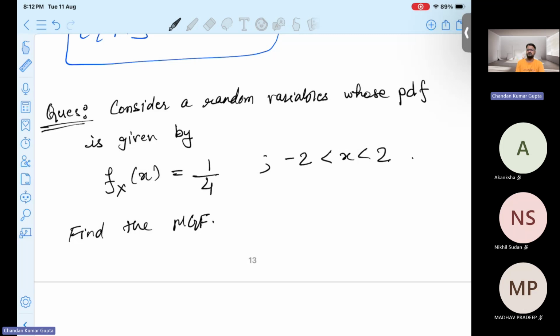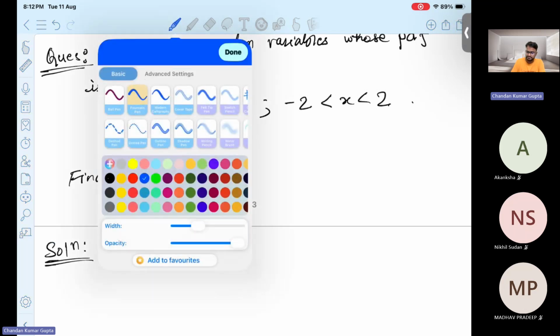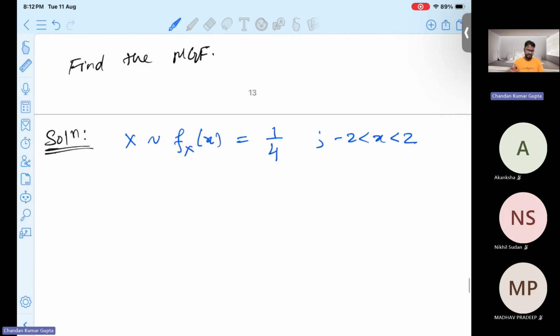Since we don't know that yet, let's solve it. We need to calculate the MGF. What we are given here is that x follows f(x) equal to 1 by 4 for -2 to 2.